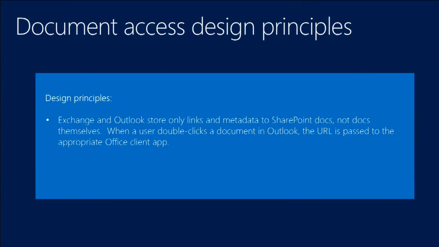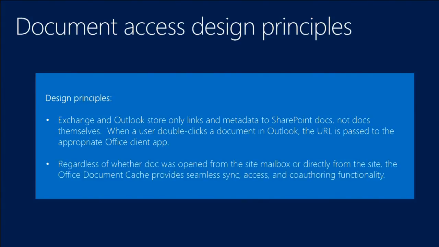The metadata that I keep referring to refers to the name of the document, the person who last modified it, the last modified date, and the file size. And the other point that we like to make here is that the Office document cache automatically does the right thing, so that even when users are not connected, they will get appropriate access to the documents.